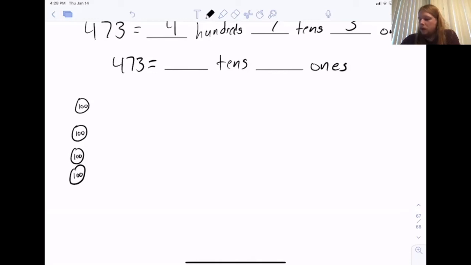Now, since we're not looking for hundreds and we're only looking for tens, what do we need to do with these hundreds pieces? We need to convert them to tens. So how many tens is 100 worth? 10. 1, 2, 3, 4, 5, 6, 7, 8, 9, 10.